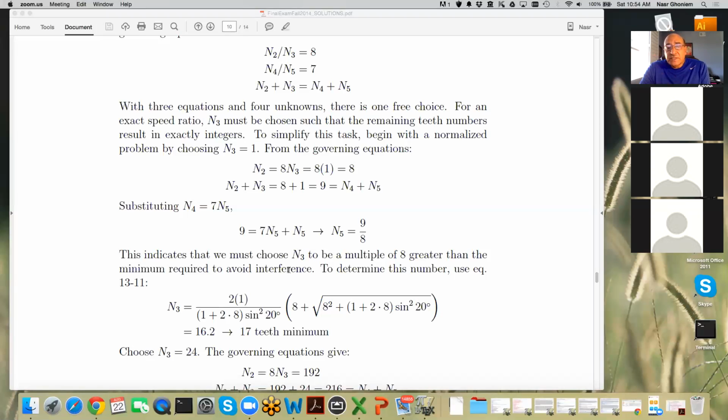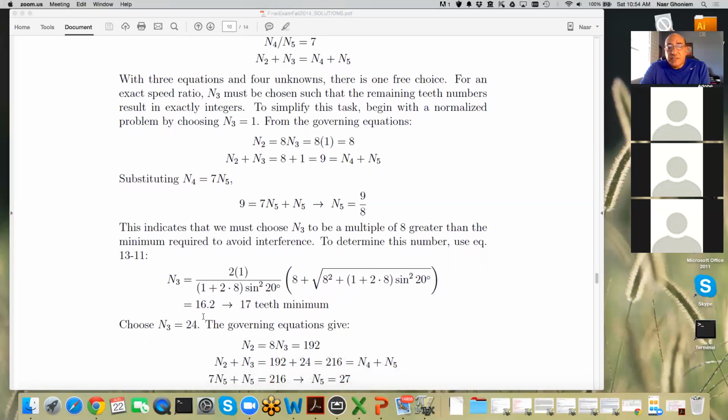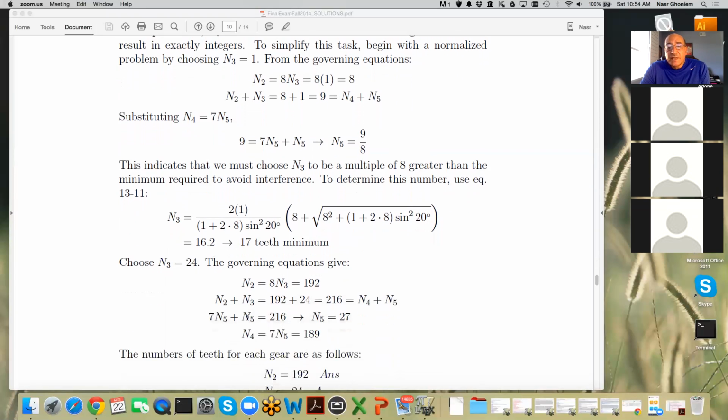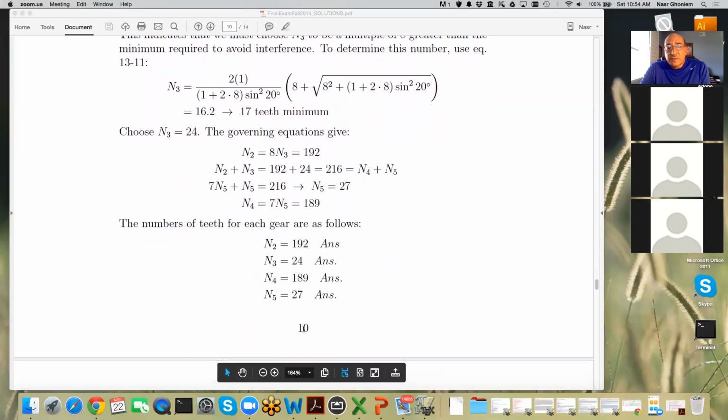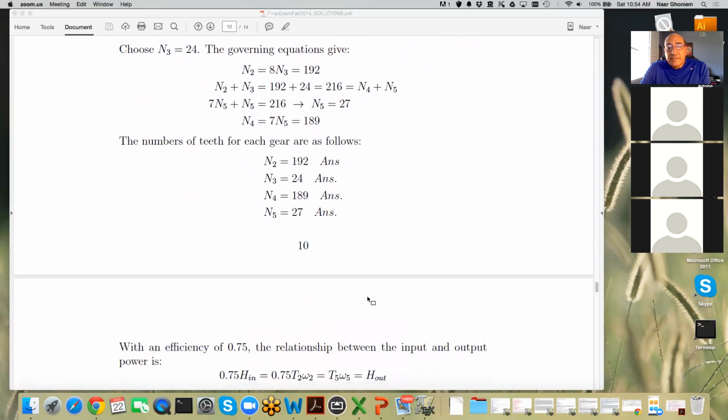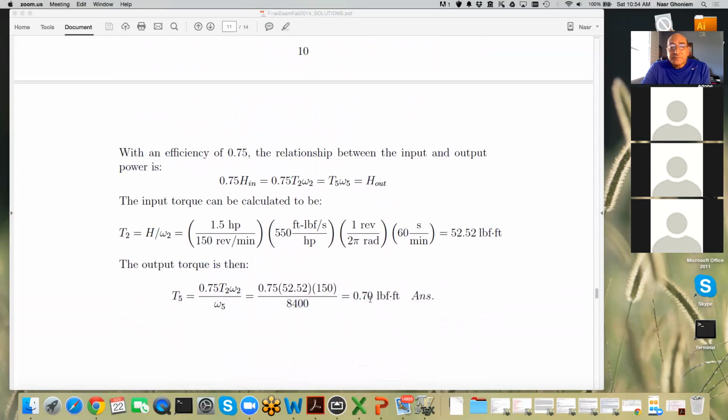Then we had to check the interference and found that actually 8 is too small. We need 17. So now we forget about 8 and go with the 17 and then use this multiplication as a multiplier, get all of the number of teeth here, 192, 24, 189, and 27. And then we sized everything.